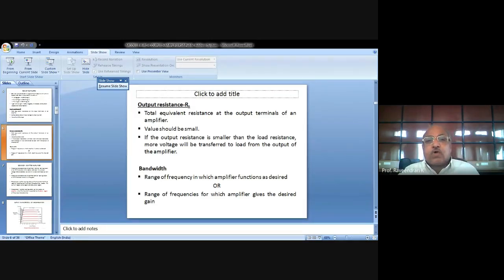The output characteristic of common emitter configuration of an NPN transistor is the relation between the output voltage VCE and collector current IC for a constant base current. That we have already seen. What are the output characteristics? That is the relation between the output voltage VCE and collector current IC for a constant base current.